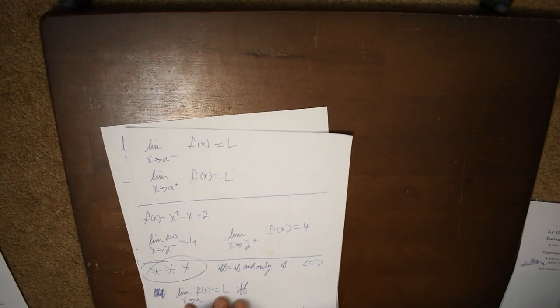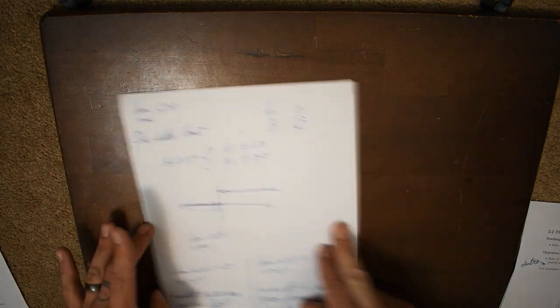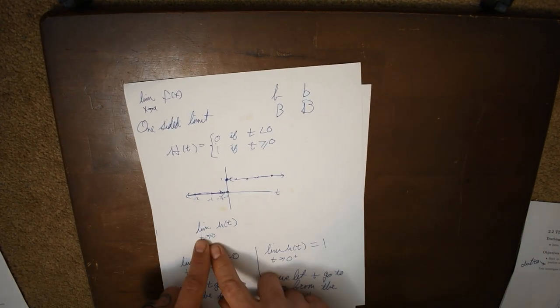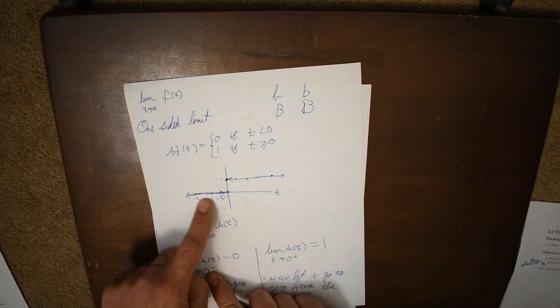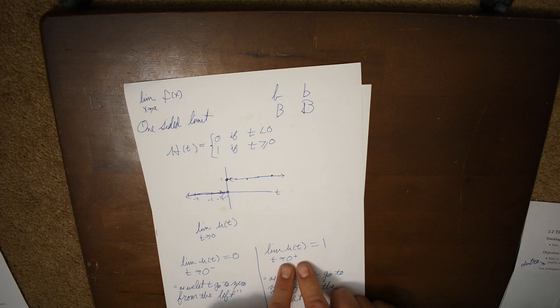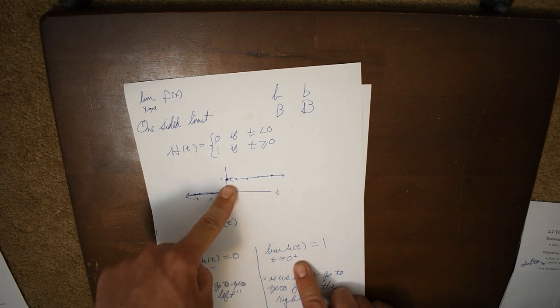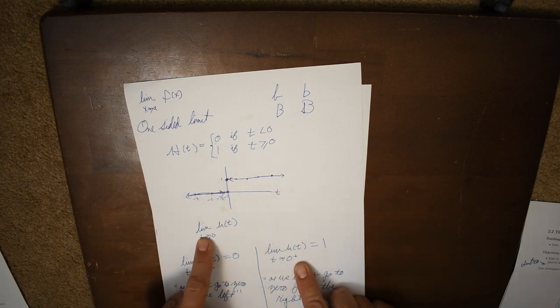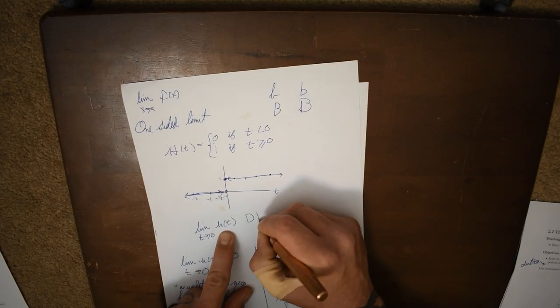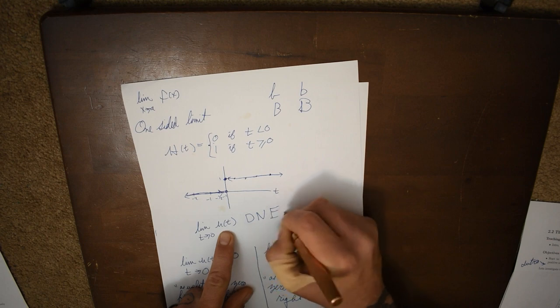Now, if we jump back to the Heaviside limit, over here, the limit as t approached 0 from the left was equal to 0, and the limit as we let t approach 0 from the right was equal to 1. So, the limit as t approaches 0 of h of t does not exist.